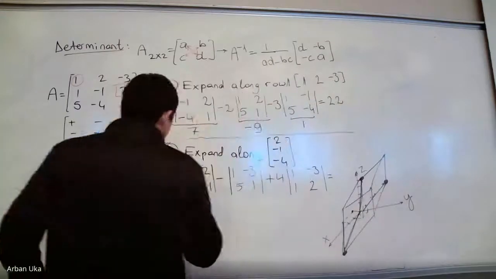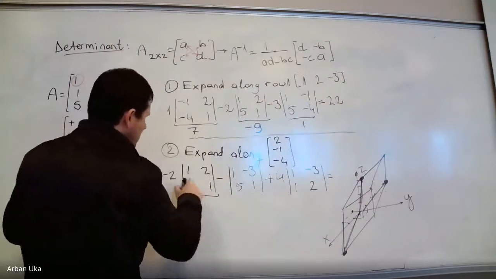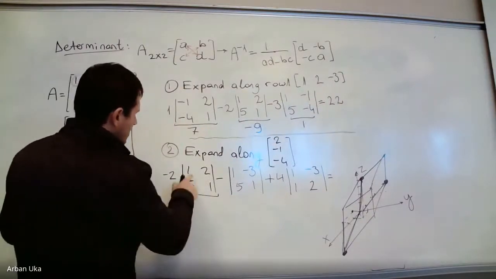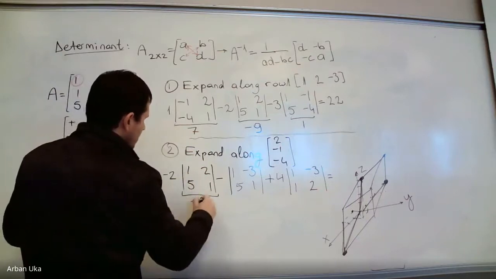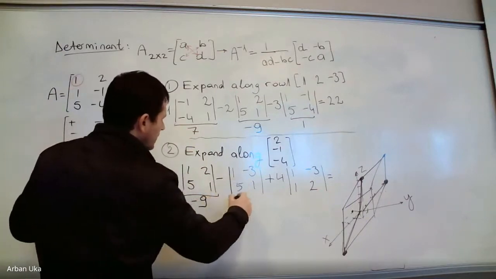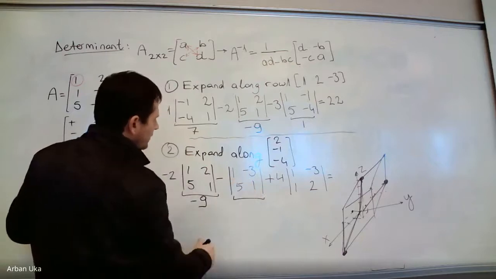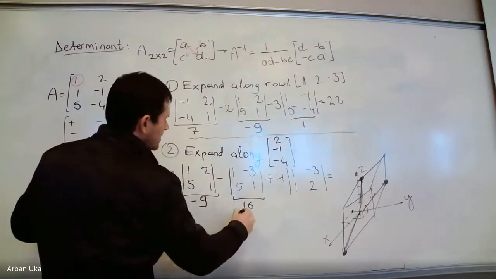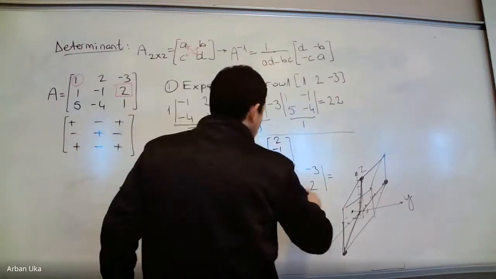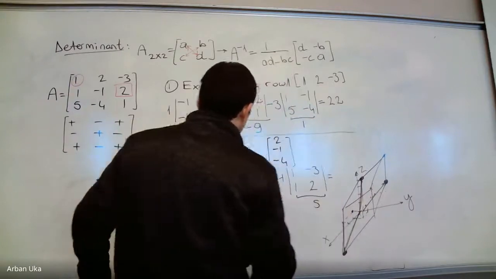Okay, so what is this little determinant here? This is 1 times 1 minus 10, minus 9, 1 plus 15, this is 16, and 2 plus 3, 5, okay?